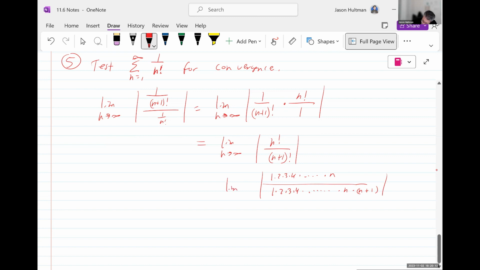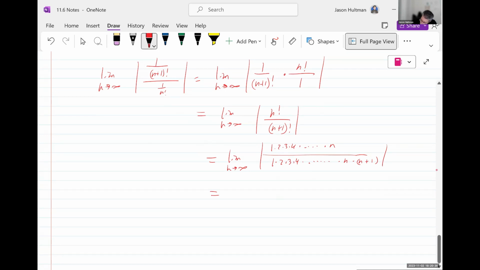This is the limit as n goes to infinity. Okay, and so 1, 2, 3, 4, n, they all cancel out. And they leave me with the limit as n goes to infinity of 1 over n plus 1, which I know is 1 over infinity plus 1, which is 1 over infinity, which is equal to 0.